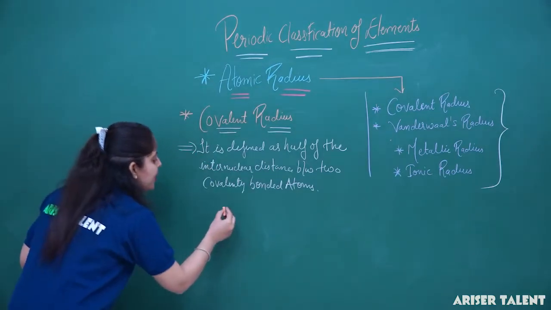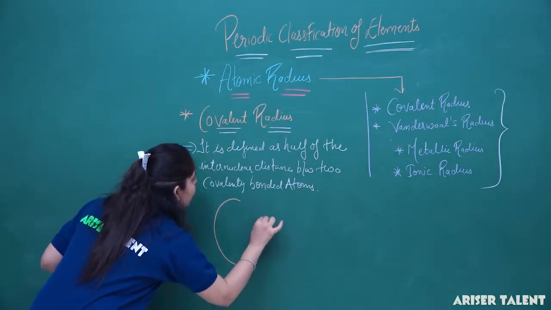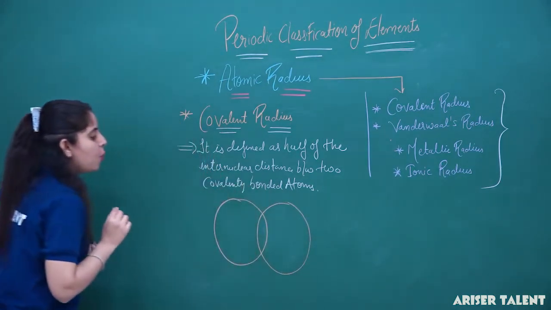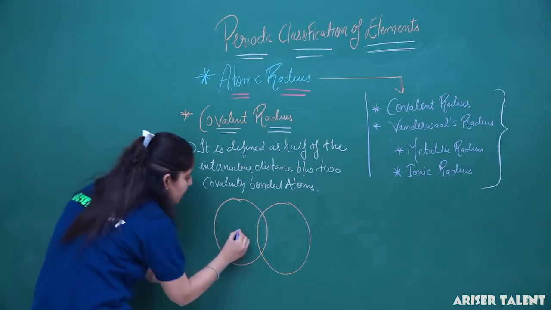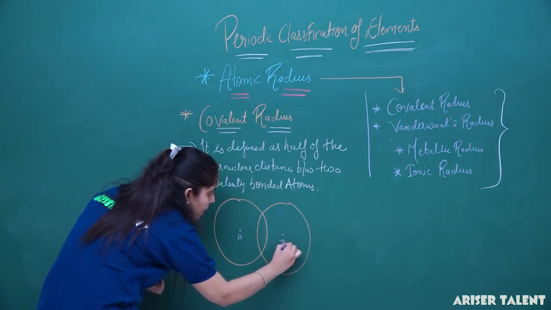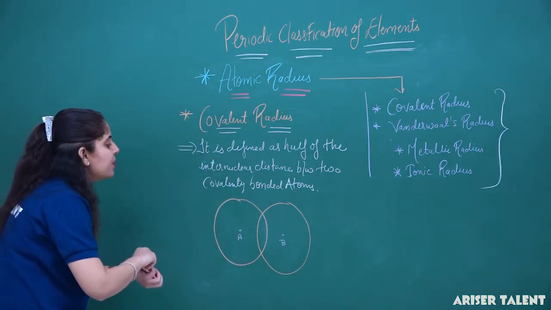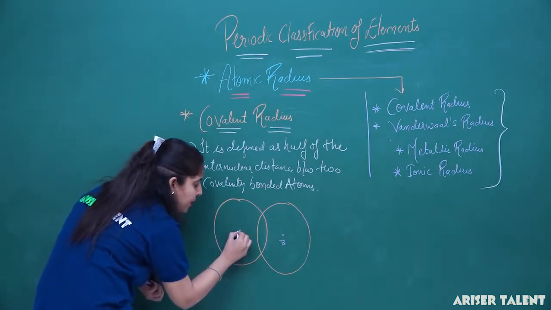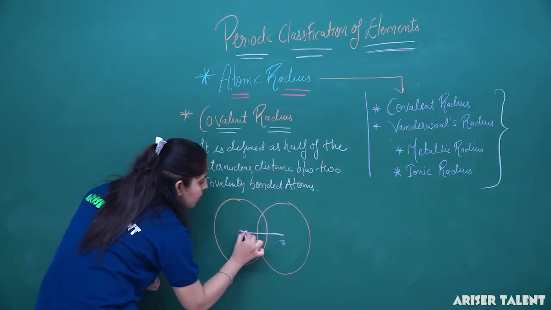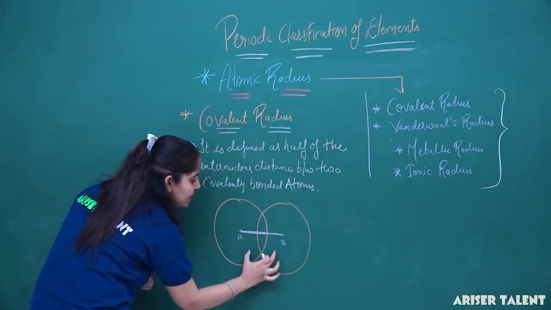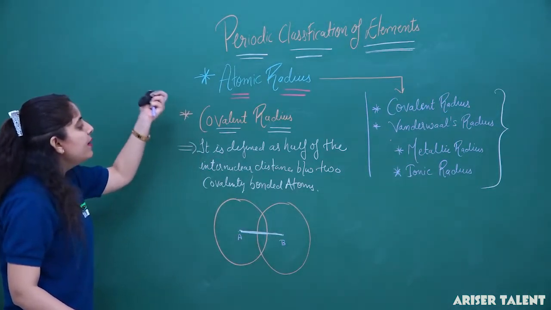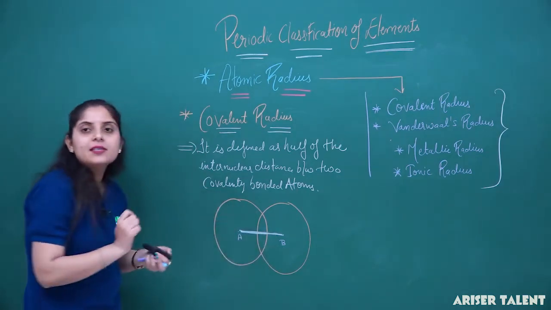So, how can the covalent radius be identified? Suppose we have the 2 atoms here, and this will be formed by the overlapping of the atoms. Suppose this is my atom A and this is my atom B. Now, what is the internuclear distance between these atoms? This is the nucleus of atom A and this is the nucleus of atom B. So, this is our internuclear distance, AB. The covalent radius is half of the internuclear distance between them.